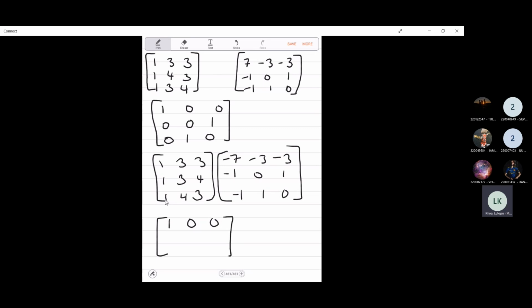Okay, these are all negative numbers. I'm trying to see what I did wrong. The matrix says 1, 3, 3, 1, 3, 4, 1, 4, 3.